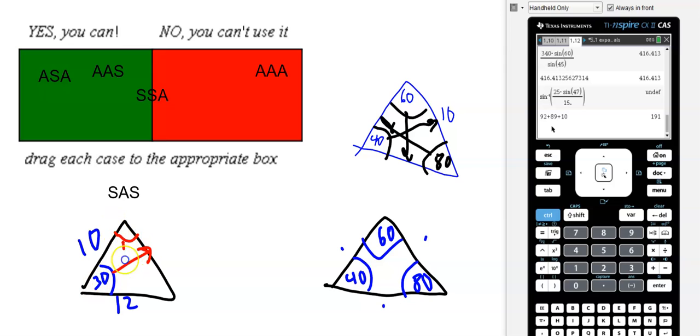You just don't have enough information. We can solve this eventually when we get to law of cosines, but right now with law of sines, we don't have enough information. So really, given two angles and one of the sides, those are the cases that you might be able to do this with.